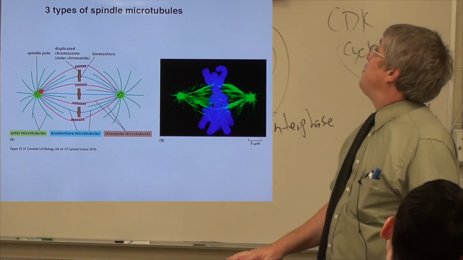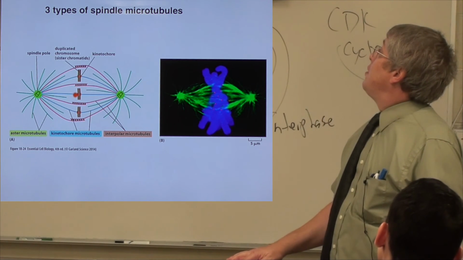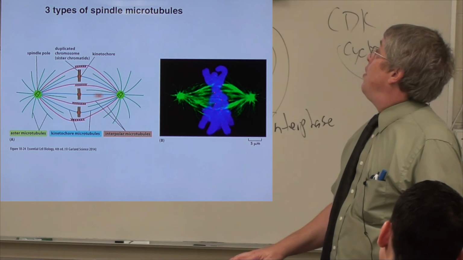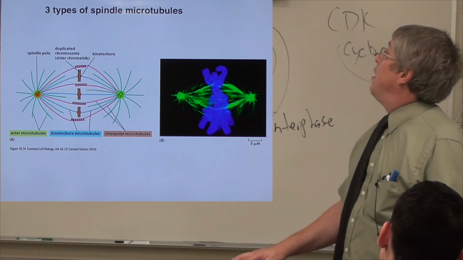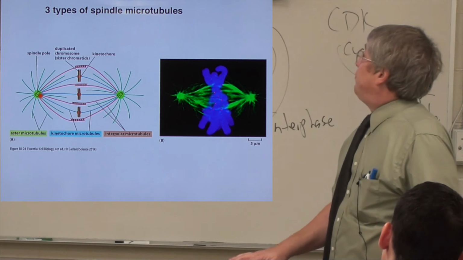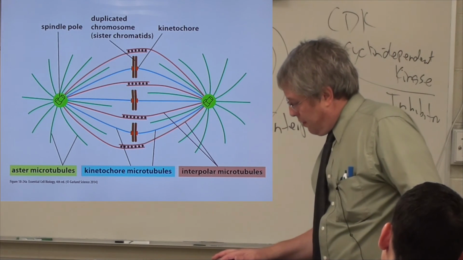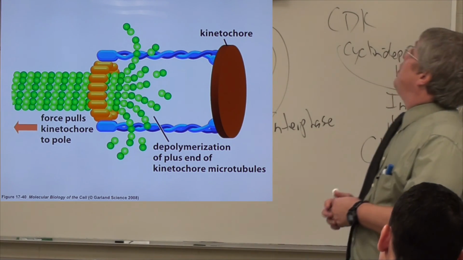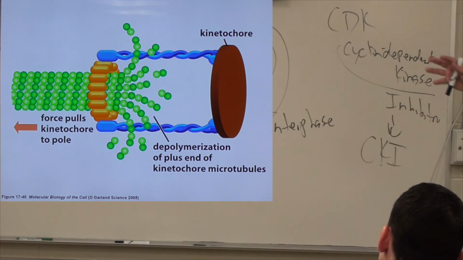And then as anaphase progresses, 2 things have to happen. The sister chromatids have to separate from each other and go opposite directions. And then the entire spindle gets longer at the same time. As the sister chromatids separate, it's a pulling on them, but it's also a motor function.